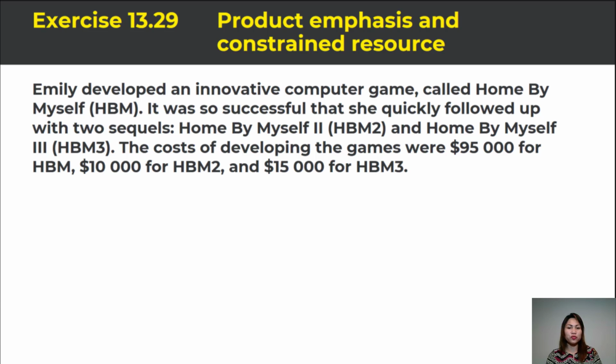It was so successful that she quickly followed up with two sequels, Home by Myself 2 or HBM 2 and Home by Myself 3 or HBM 3. The cost of developing the games were 95,000 for HBM, 10,000 for HBM 2 and 15,000 for HBM 3.